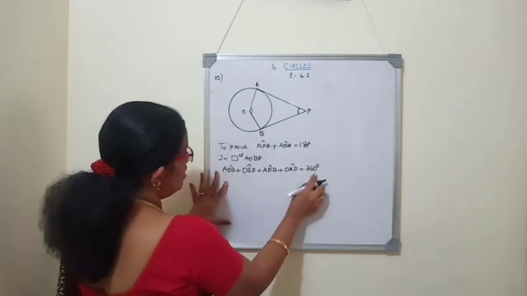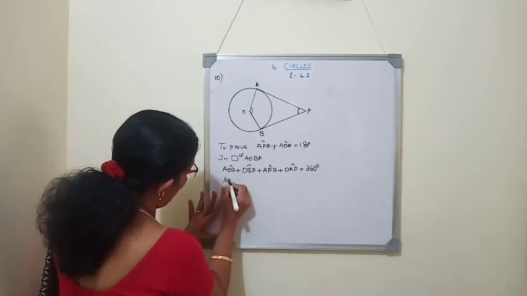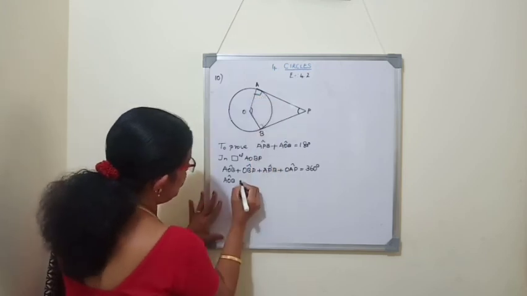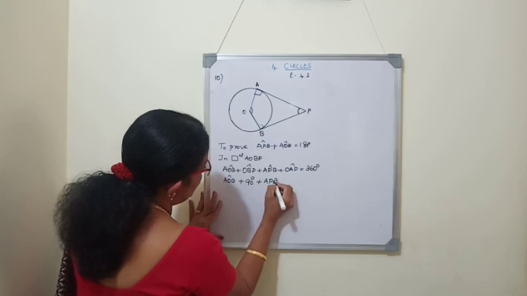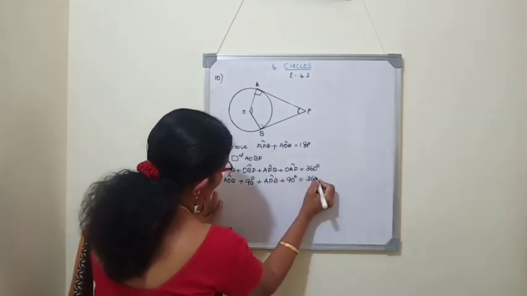Sum of all the angles of a quadrilateral is 360 degrees. In that, OBP is 90 and OAP is also 90. 90 plus APB plus again 90 is equal to 360 degrees.